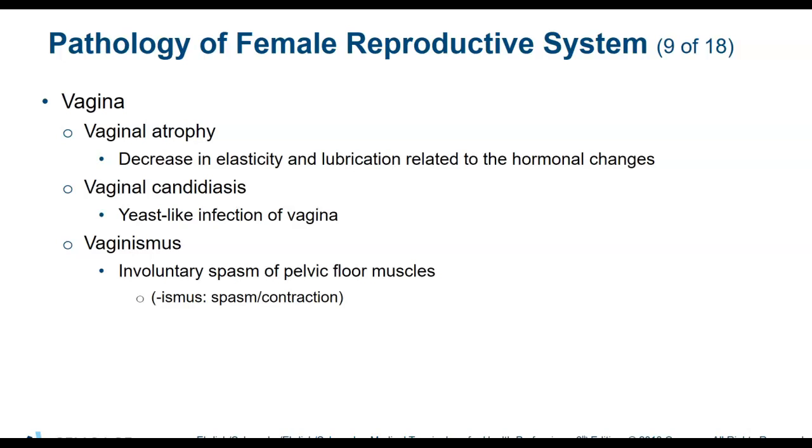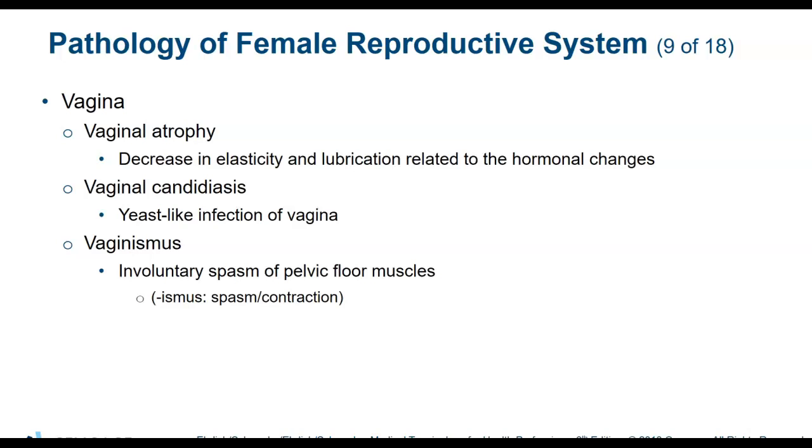Vaginal candidiasis is that yeast infection of the vagina. We've all had it, I'm sure, no, well, maybe not if you're a guy, but it's just a yeast infection. Remember, every part of our body has a homeostasis.